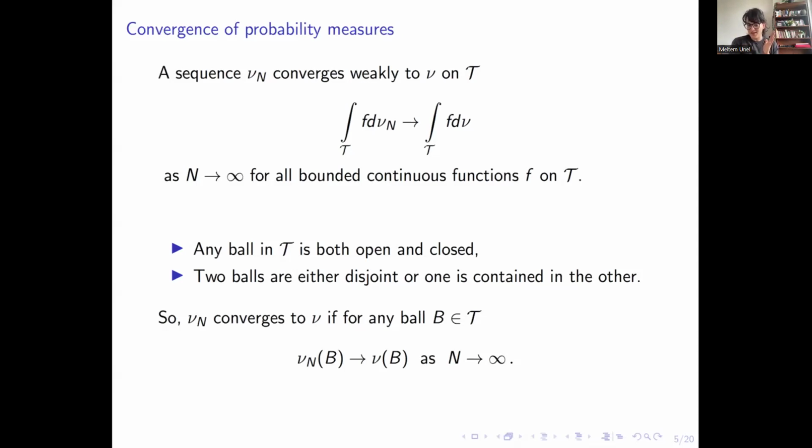This is why, from these properties, the convergence reduces to the convergence on balls. This is what I was trying to say, sorry. Is it clear? Yes. Okay, thank you.